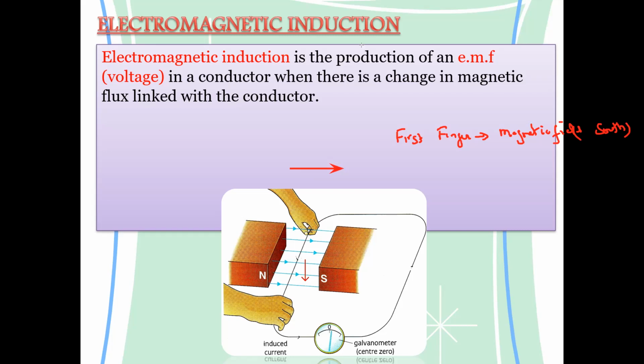Your second finger will point in the direction of the current, but your thumb will represent the motion. Motion means which direction the wire is moving, or the movement of the wire. So which direction is the wire moving?